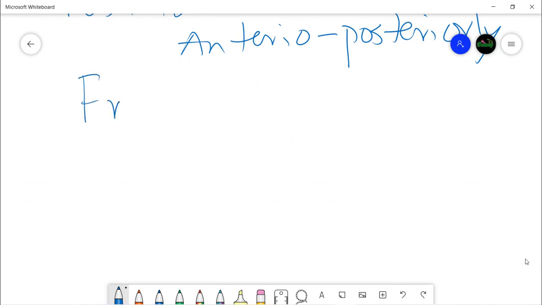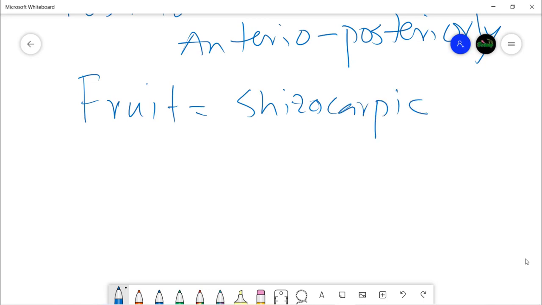Next is the fruit. Fruit is schizocarpic. Hopefully, if you remember, in your second semester we have a full chapter dedicated to fruit and its kinds. We have dry fruits, and in those dry fruits we have a kind known as schizocarpic. Now schizo means splitting.